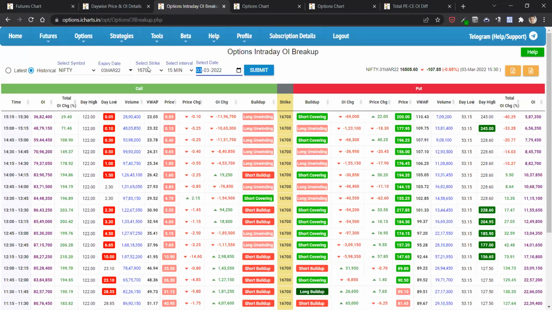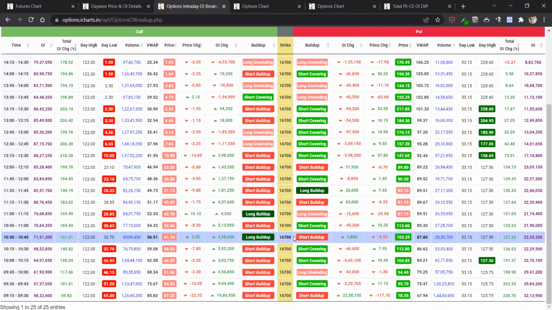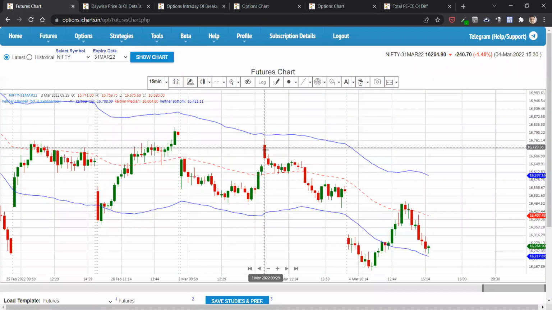So this is 16.7 or 16.5, 16.6, 16.8, no problem. Very similar moves you will get. But some sort of objectivity is to be there. That's why I select this. You just take a look, either spot at 15 minutes, one at 9:30, whatever is the closest price.